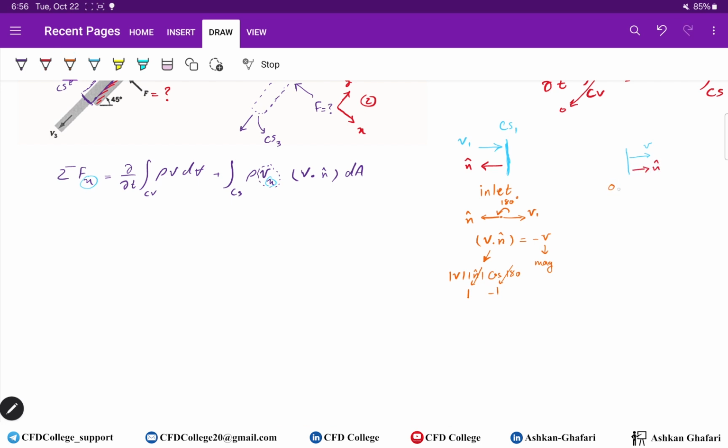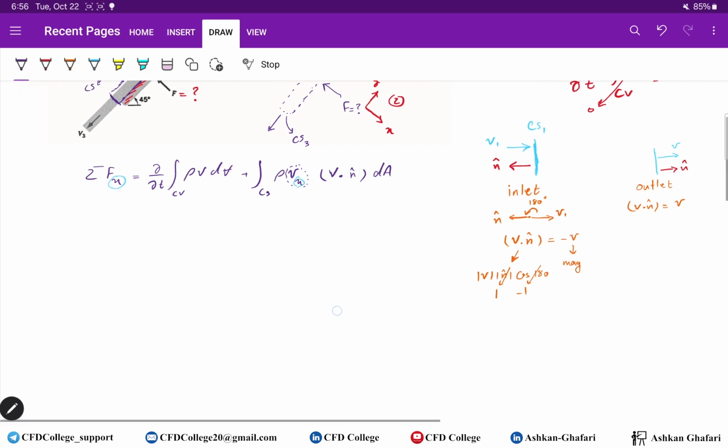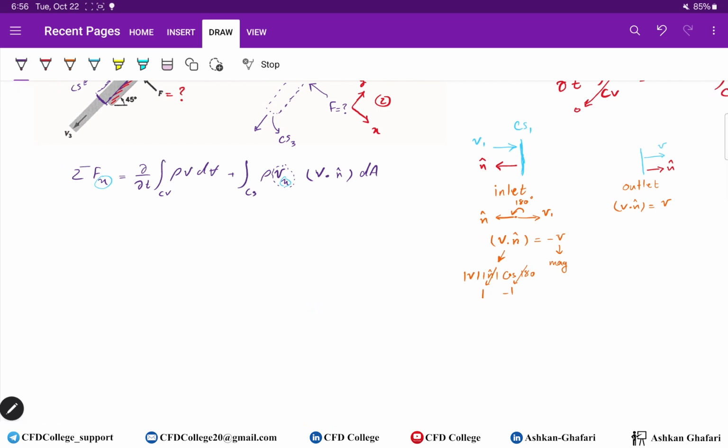So for outlet, V dot N is always positive and equals the magnitude of V, the outflow velocity. Okay, let's get back here.